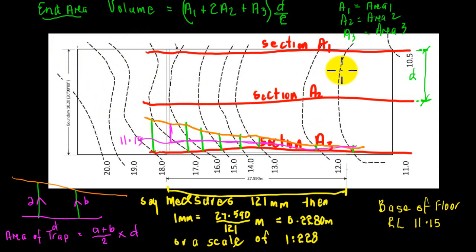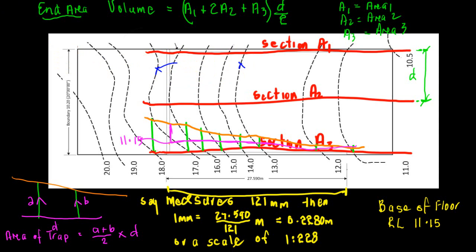One of the follow-on things from this is to work out a gradient from contours. So we could take a point here and a point here where we've got nice even contours between those points, and just roughly at right angles.